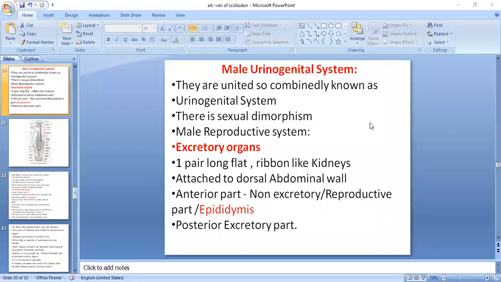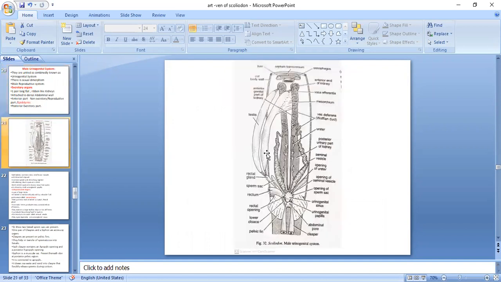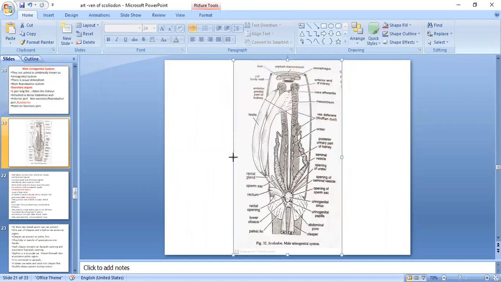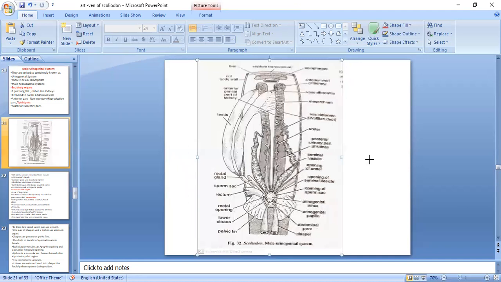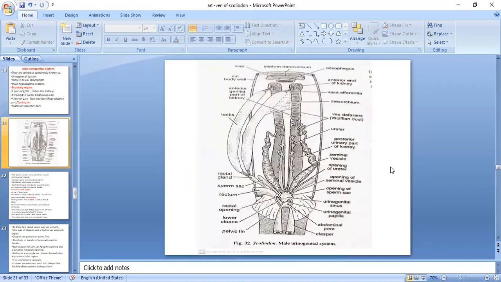Right. So, male urinogenital system. Why urinogenital? Why not excretory and genital system or reproductive system? Because in Scoliodon or in elasmobranchi fishes, the reproductive system and excretory system are almost united.